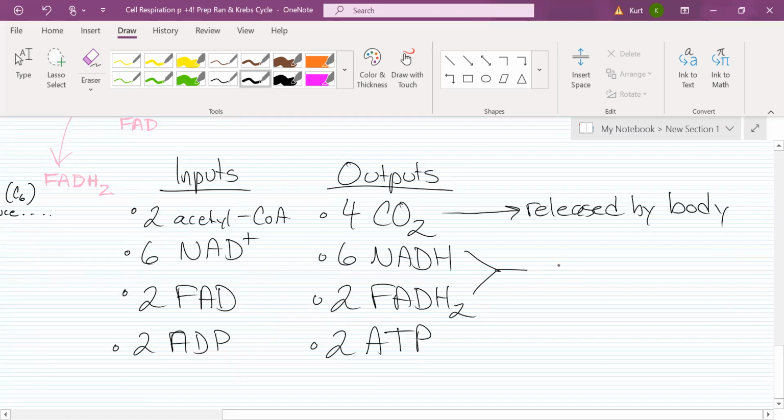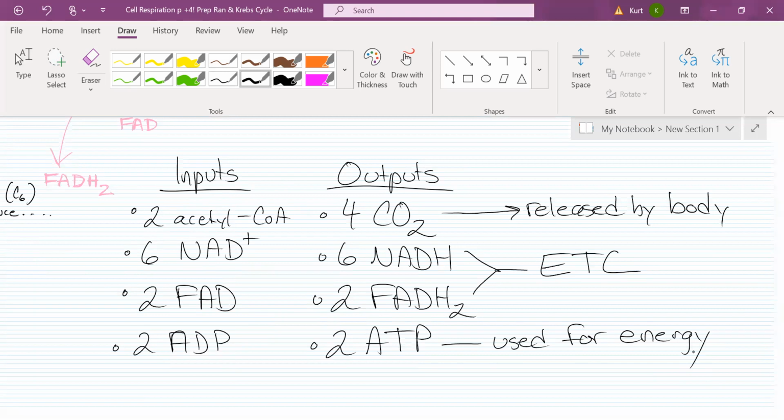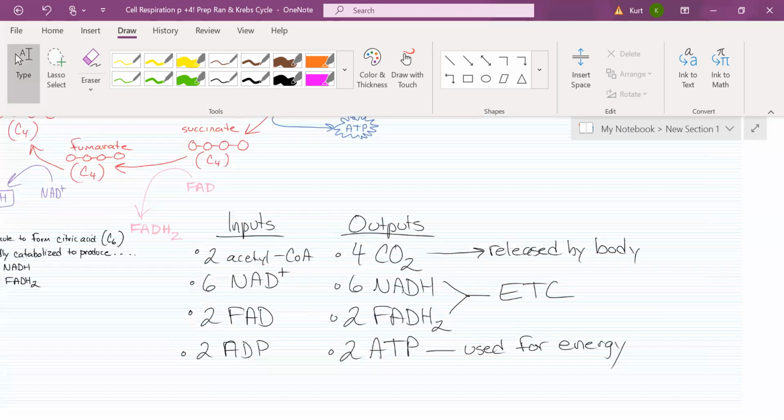No. The electron transport chain, which we will do next lesson. And what do your cells do with ATP? Used for energy. Okay, so I keep mentioning the electron transport chain, ETC. You guys are like, well, I don't know what that means. You will tomorrow. So hopefully that last little void in your understanding will be finished.